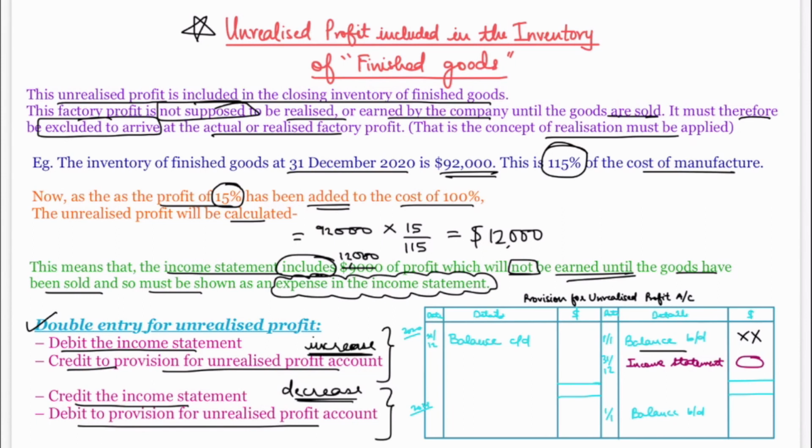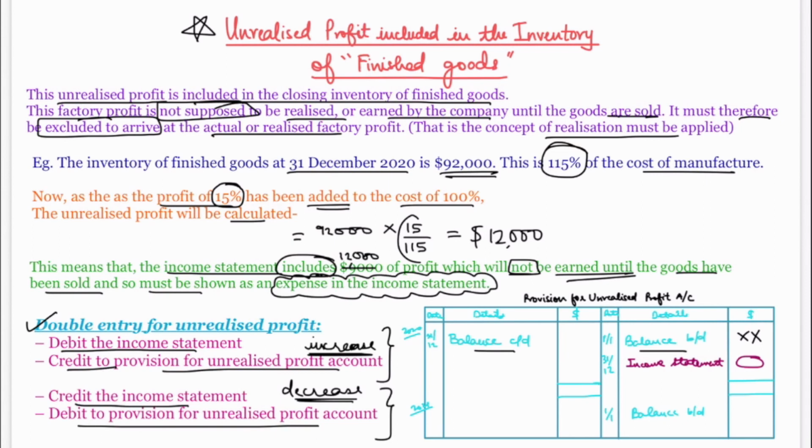So let's say in the year 2021, at 31st December, whatever the amount of closing inventory is, with the same procedure of 15 upon 115, whatever the amount is will be the closing provision for unrealized profit.